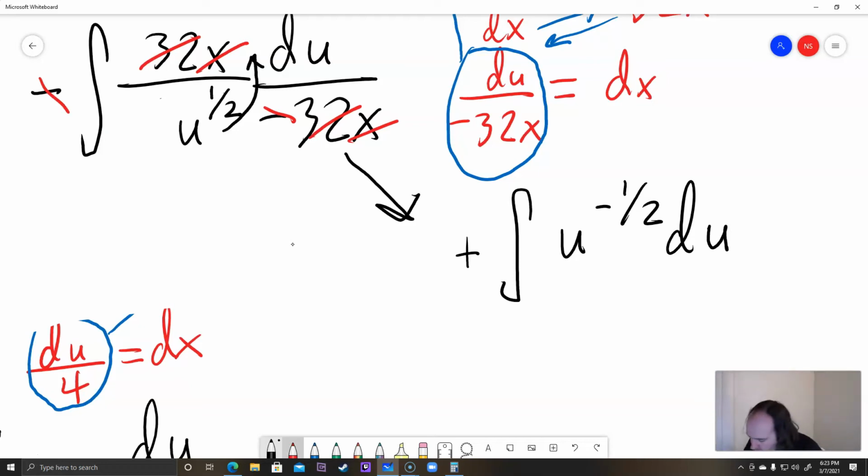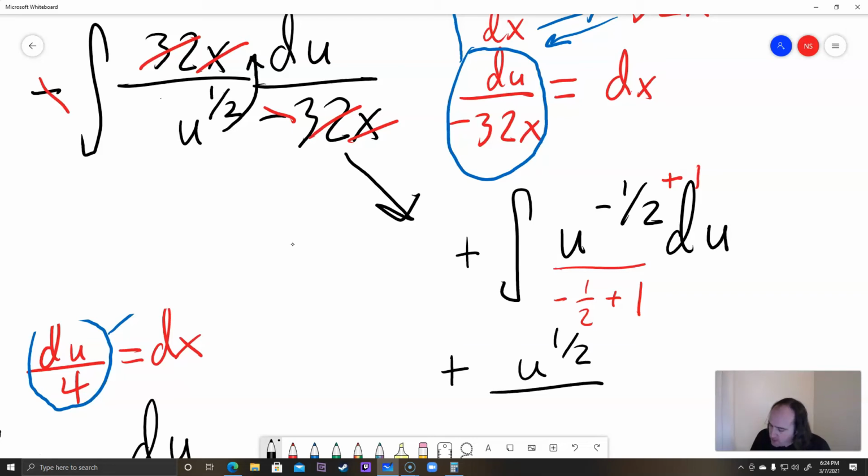So in other words, we just go ahead and we add 1, so we get negative 1/2 plus 1, and then we divide by the new exponent. So we divide by negative 1/2 plus 1. Well, what's negative 1/2 plus 1? That's just 1/2. So here we're going to get u to the 1/2 divided by 1/2.